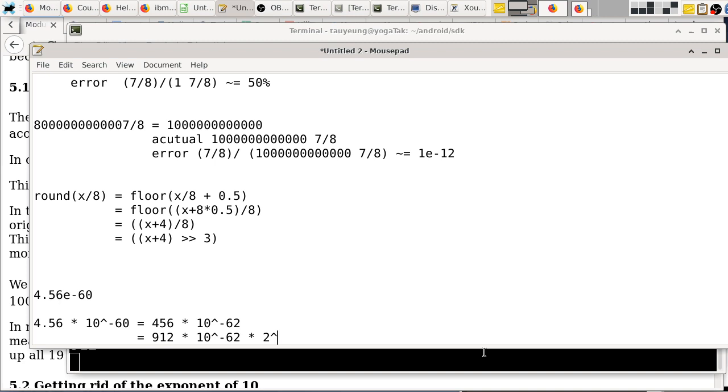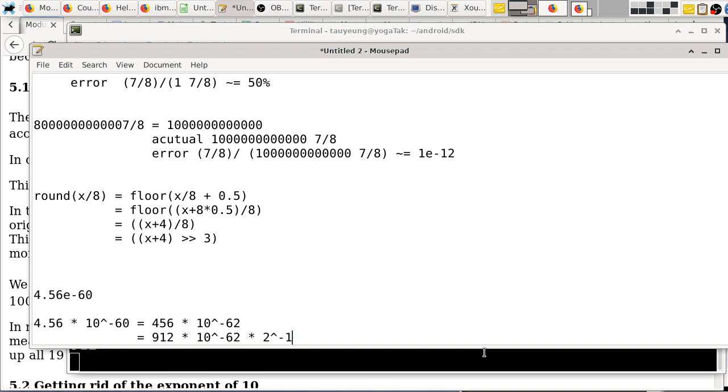2 to the power of, no, negative 1. Because we doubled the mantissa, which means somewhere we need to divide it by 2, right? To make up for it, because we want to represent the same value. Every single row has to be the same value. If I double this, I better find some other way to take away that doubling.